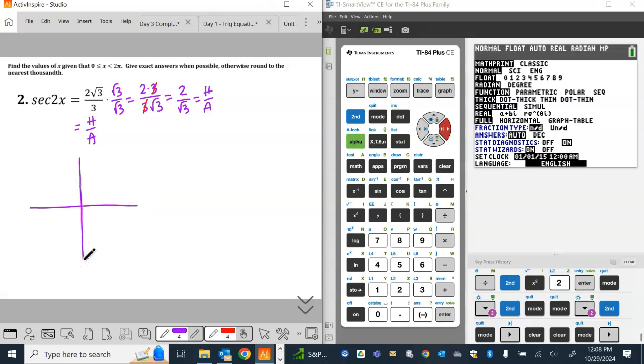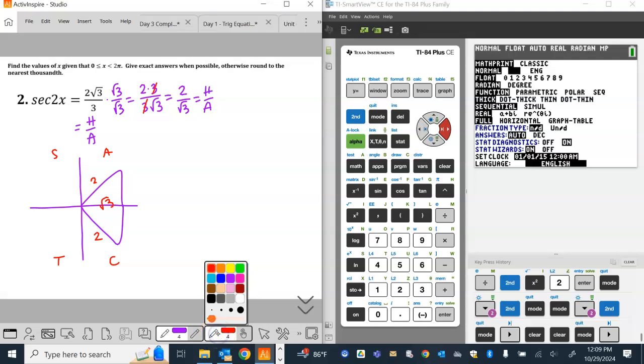Let's think about where secant is positive. So remember, all seniors take calculus. So secant is going to be positive in quadrant 1 and quadrant 4. So we will have the adjacent side is root 3 and hypotenuse is 2. That's going to set you up for your angle. So you're thinking, okay, what is my angle? That would be 30 degrees in here.